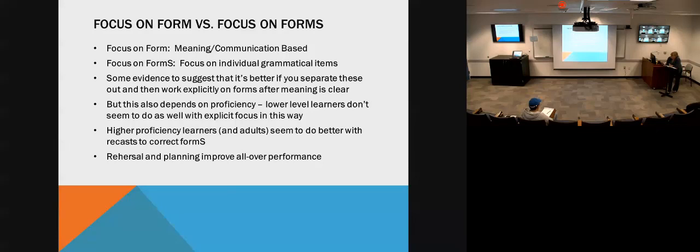The more you can have both kinds of input, the more likely you are to gain proficiency. Because on the one hand, you're complexifying the system and restructuring it, and on the other hand, you're turning that into more automatic processing. Does that make sense?